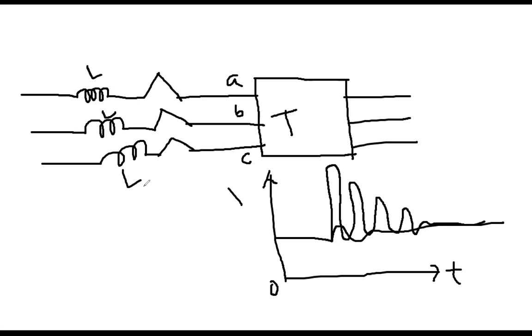So then can you guess, why this reactor helps to mitigate this transient or to reduce this magnitude? Or what is the property of an inductor? What does an inductor do for a circuit? So across an inductor, current can't change instantaneously, right?